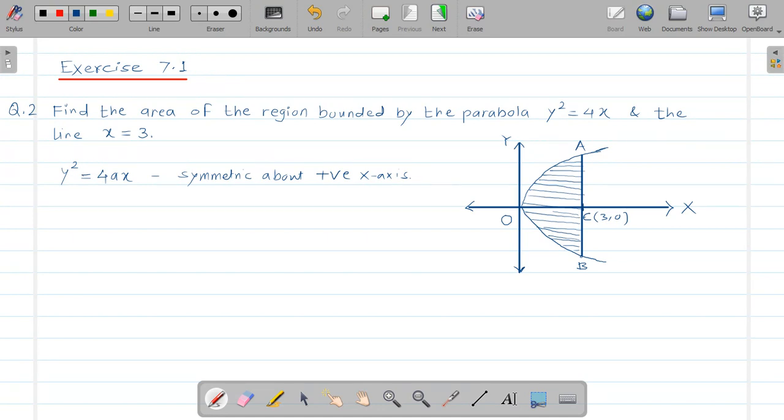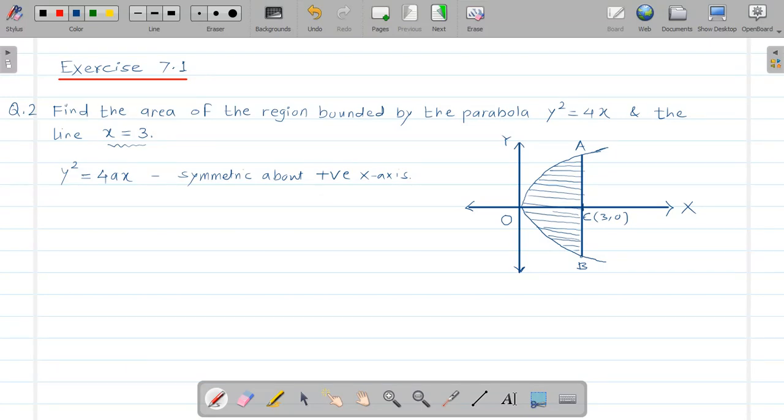Okay, so that's why here the parabola is drawn where it is symmetric about positive x-axis, because the equation is y square is equal to 4x and the line is given x is equal to 3. Now x is equal to 3 is the line passing through the point 3 comma 0 on the x-axis, and it will be parallel to y-axis.